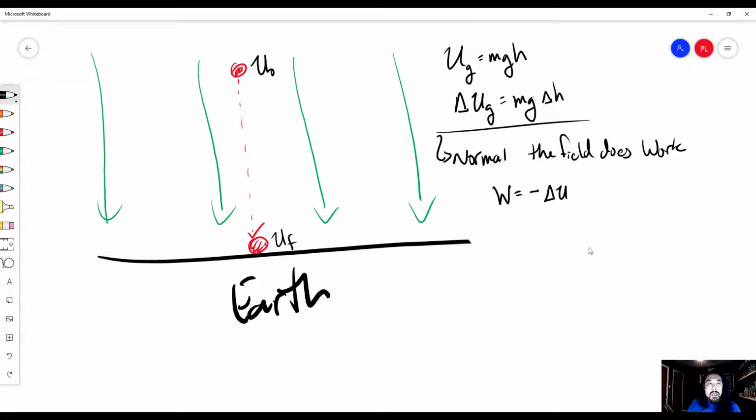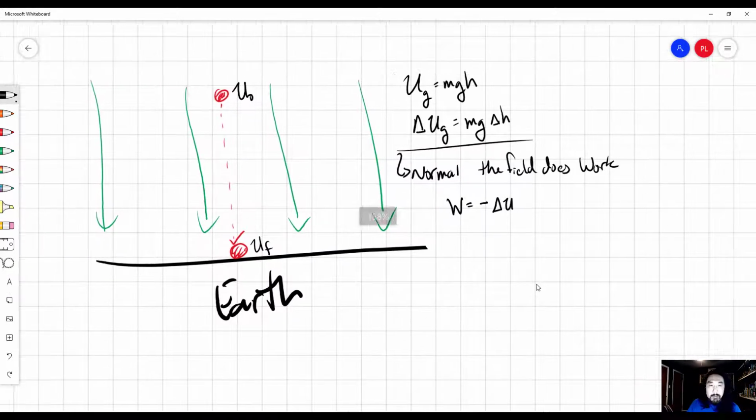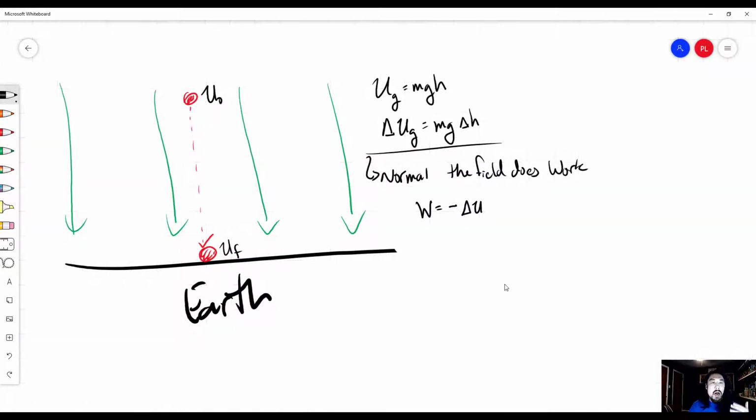Now, if we were to take a look at this numerically, we can see how this equation really plays out. So for example, let's say up here we have a potential energy of, let's use easy numbers, 10 joules, and down here, let's do it right before it touches the floor, we'll say 1 joule.